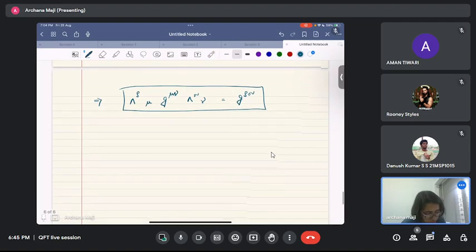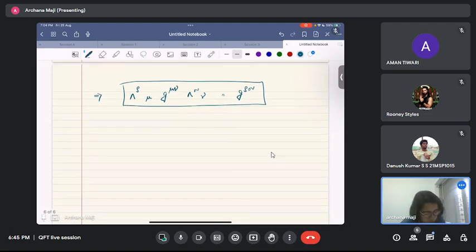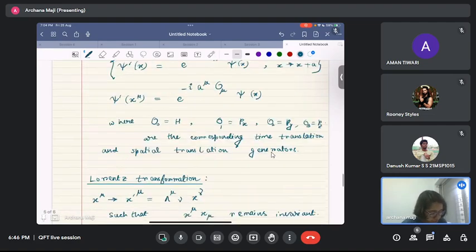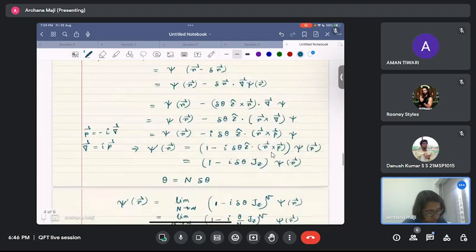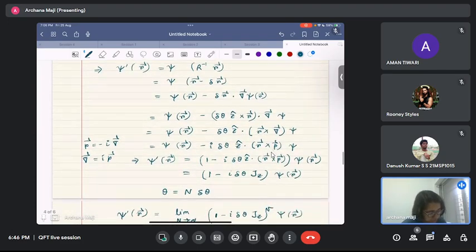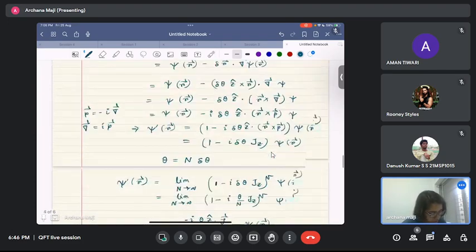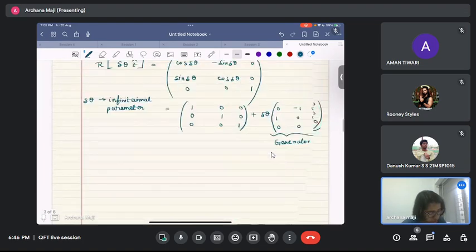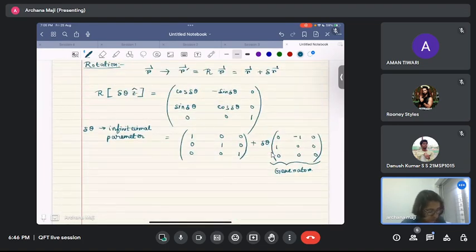Now this matrix, just like we saw for rotation, in the infinitesimal rotation case R was like identity plus delta theta times a matrix, which was nothing but the generator.